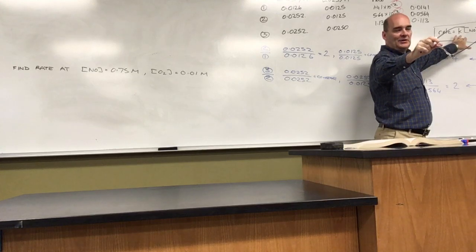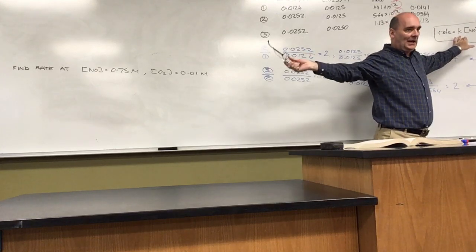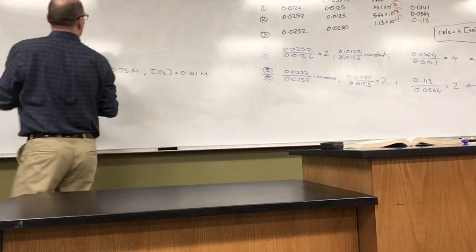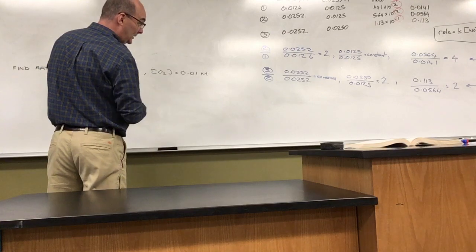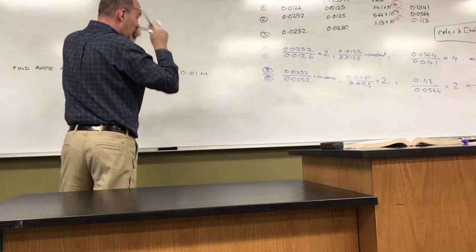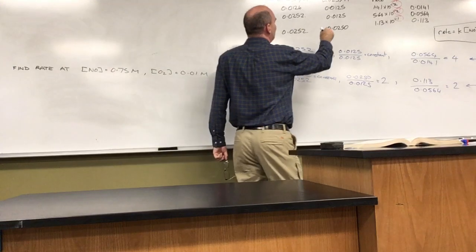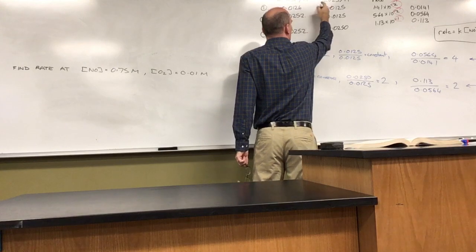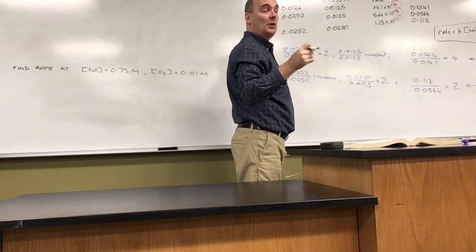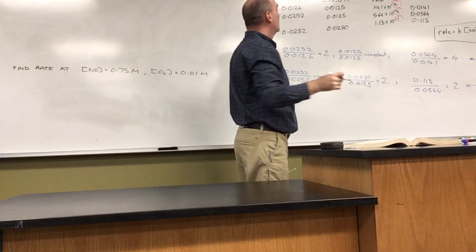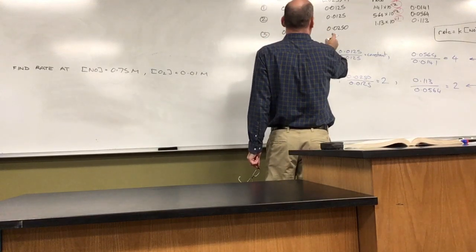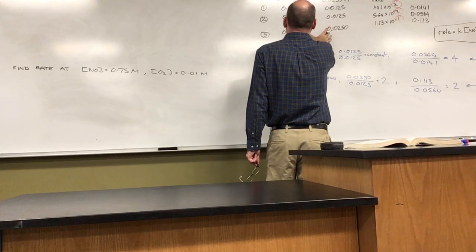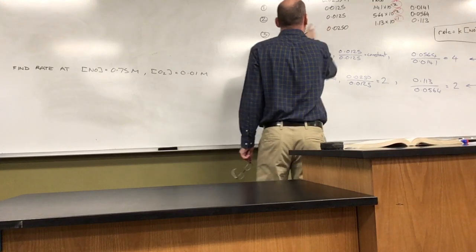That's my constant. It ties everything together. Now I can just pump any number into that. So let's find the value of K. Let's pick one. All right. Typically, you don't want to take the smaller numbers. The smaller the concentrations are, the more likely you are to have an experimental error. So if I take this one, that has the biggest numbers, right? That's probably going to be the best bet.